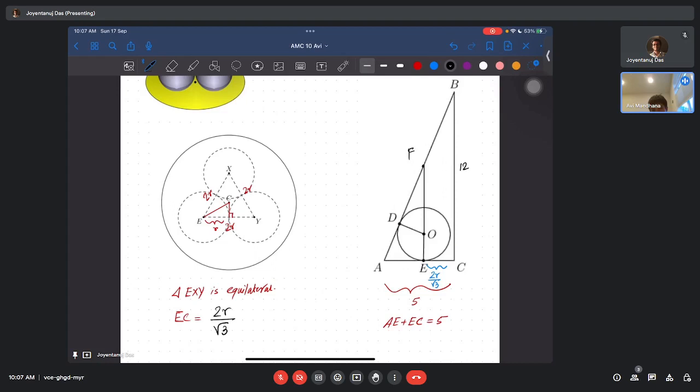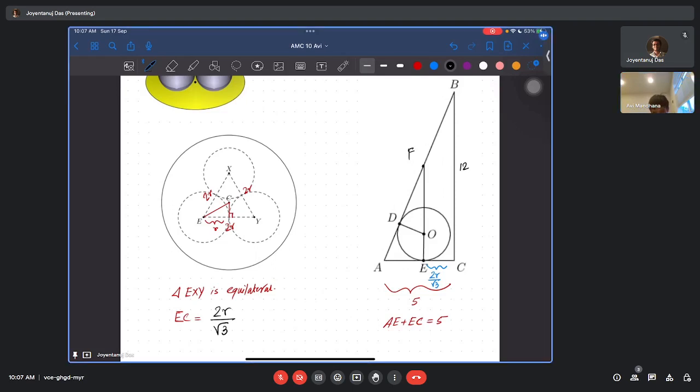So it would be 2R over square root of 3 divided by 2.4. But the thing is whether it will be helpful. So that is the thing you have to think.